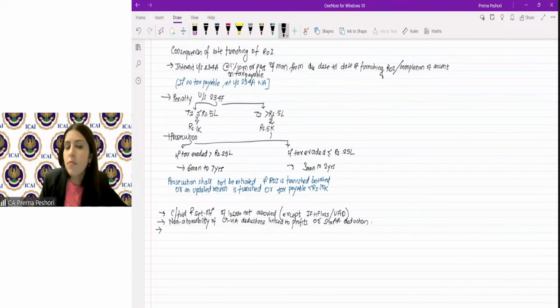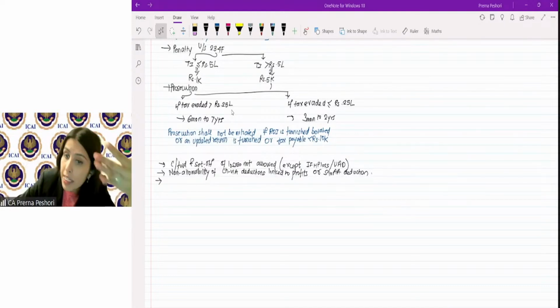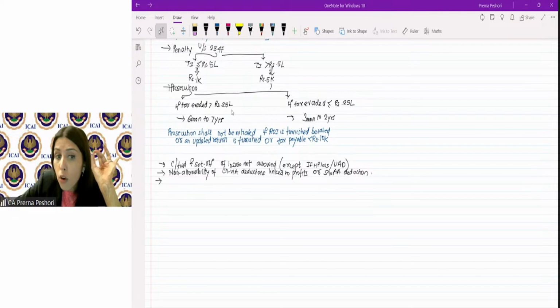Third, what else? You cannot change your scheme of taxation. You cannot opt in for 115BAA, BAB, BAC, BAD, BAE. You cannot change your tax regime. You cannot opt out or you cannot opt in the new tax regime.